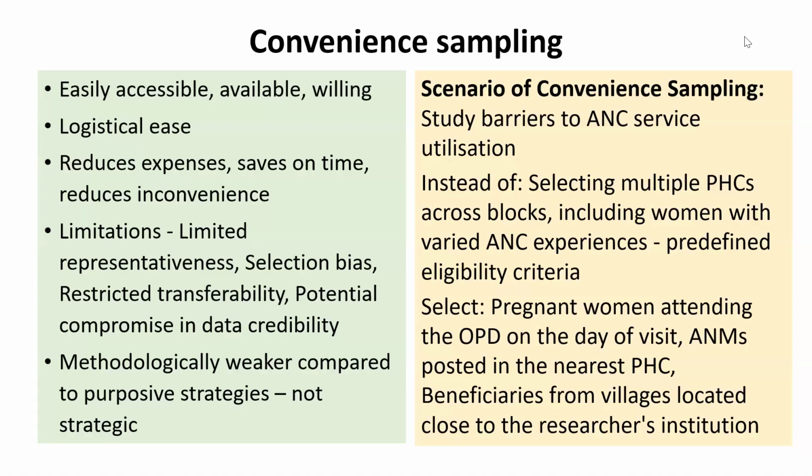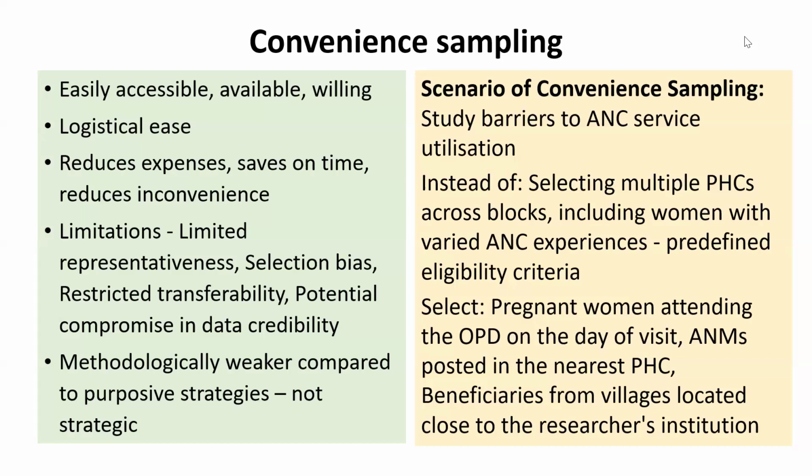Now, this is an example. In all these slides, on the left hand side, I'm telling you something about the technique, and on the right hand side, an example to understand what that sampling technique is like. So in this example, supposing you want to study the barriers to ANC service utilization.